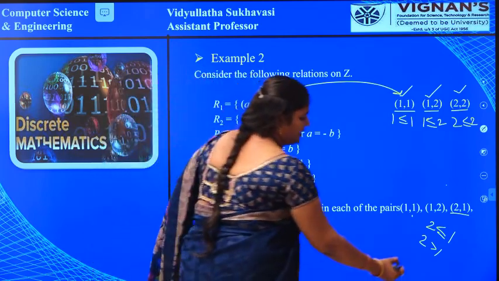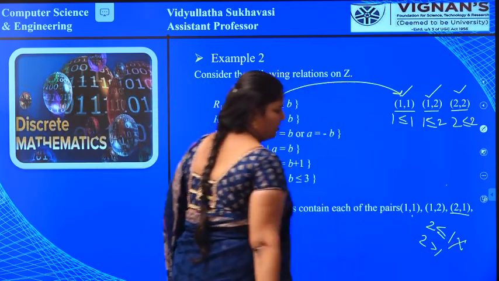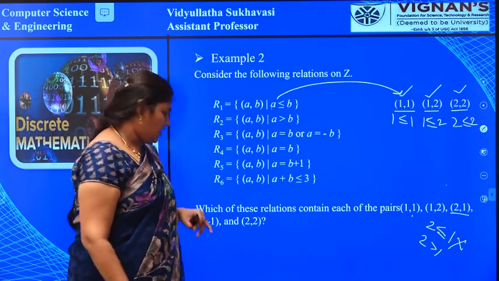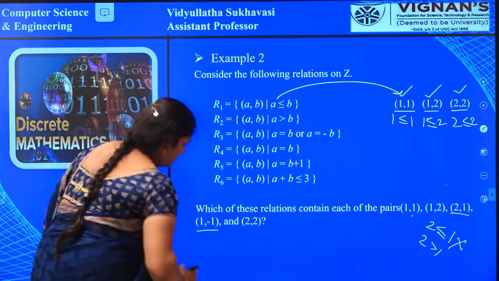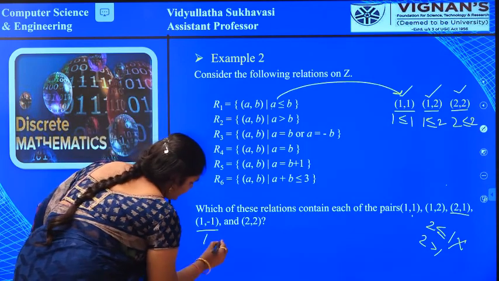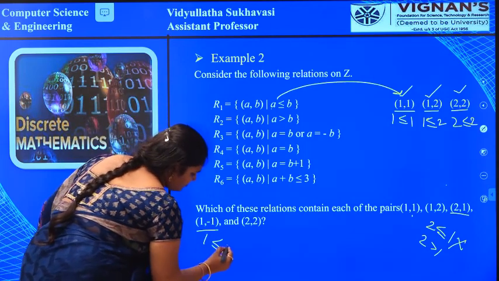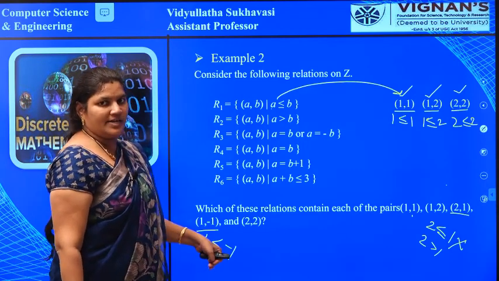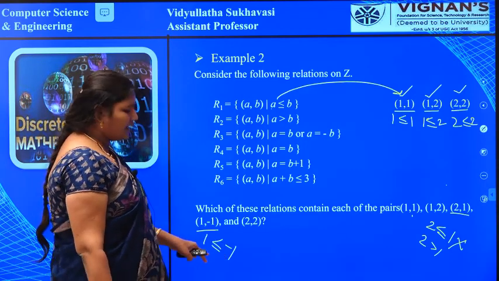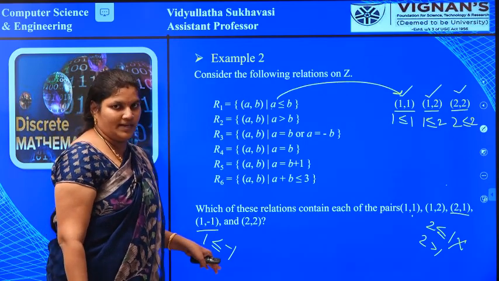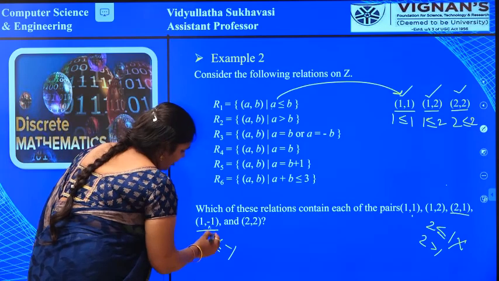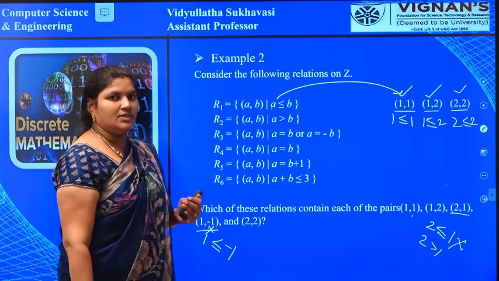That means the condition is wrong, so that ordered pair will not exist in the relation R1. Now check (1,-1). Here 1 is greater than -1, but the condition is 1 less than or equal to -1. Since the condition is wrong, this ordered pair also does not exist in the relation R1.